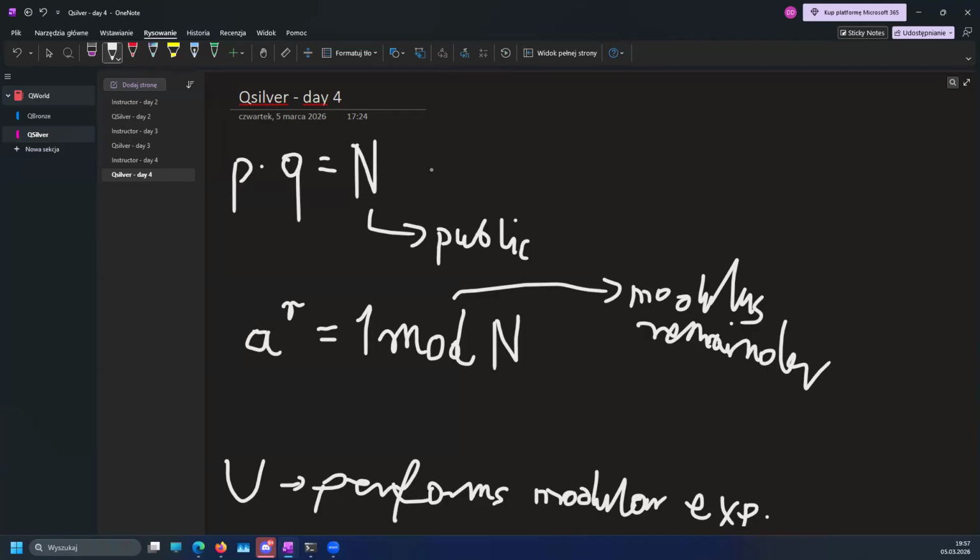So tomorrow we will move on to Shor's algorithm. And long story short, we will do some pre-processing, then we will do this order finding algorithm, then we will do some post-processing of R, and then we will get the output, yes? So we will decrypt the RSA algorithm.